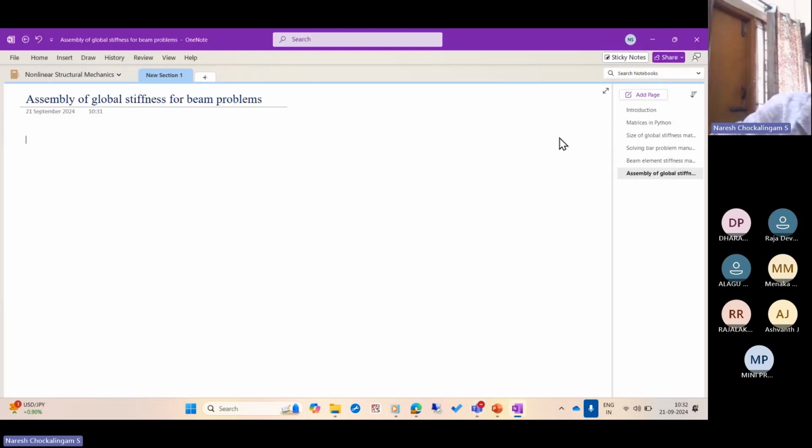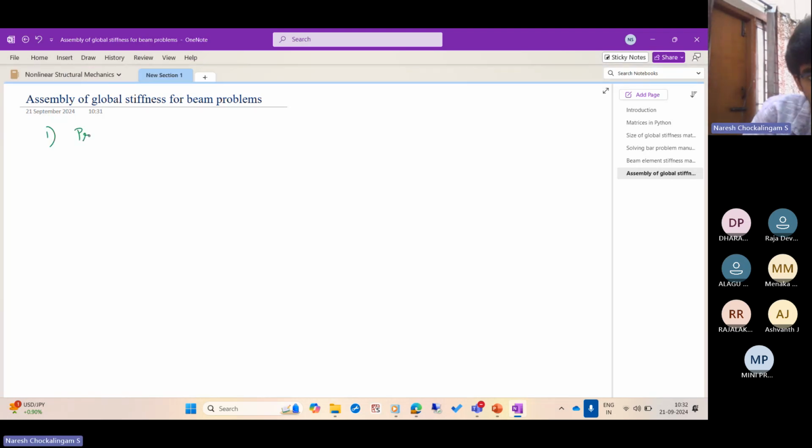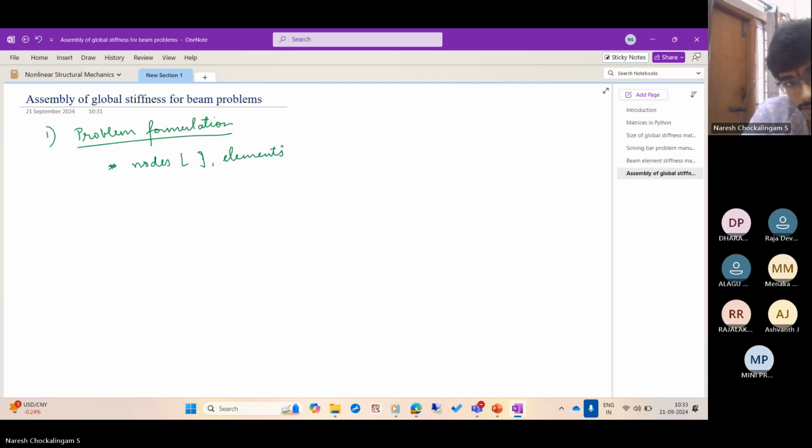So let's look at the algorithm we used for bar problems last time, right? The first step was problem formulation. The problem formulation required specifying nodes, elements, boundary conditions, loads, and the AE.